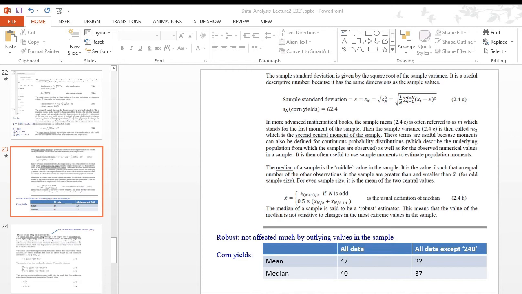The definition, slightly difficult to write down algebraically, is that the median of the sample is the middle value when it's put into order. That's easy when the list has an odd number of entries, and when it has an even number of entries, it's usually halfway between the two middle values when they're put into order.